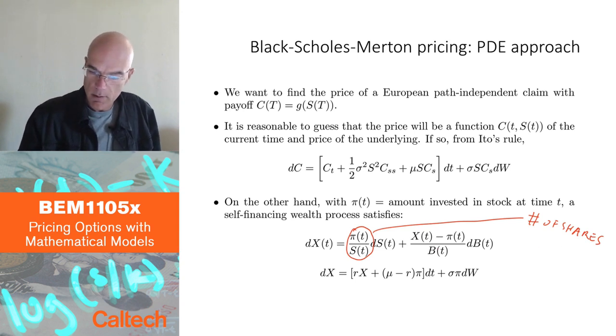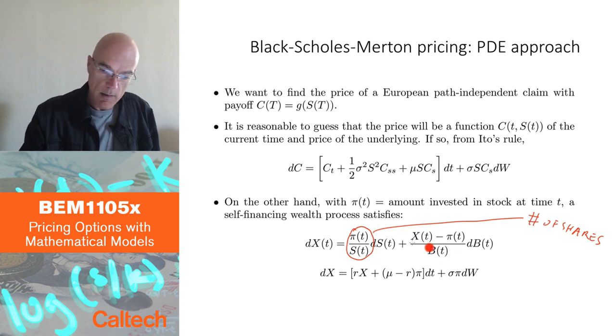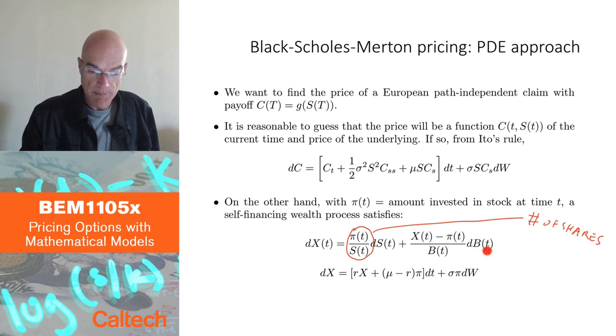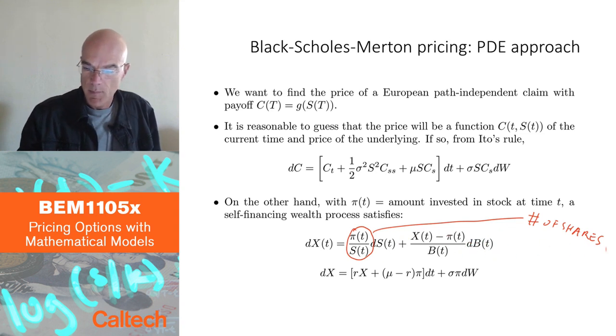And this expression, this second to last line here, it's true in any model. It's a definition in any model. It's not just true for the Black-Scholes. But for the Black-Scholes, it can be written more precisely. I know what dS over S is. I know what dS is. I know what dB is. So I'm going to plug it in.